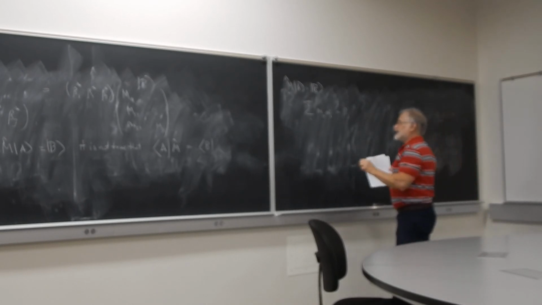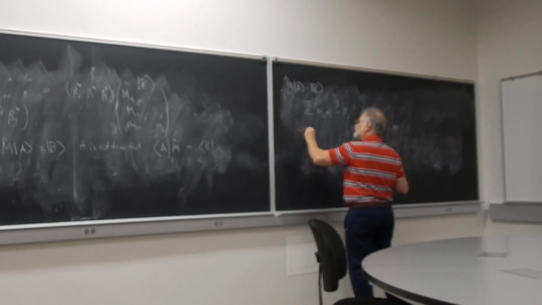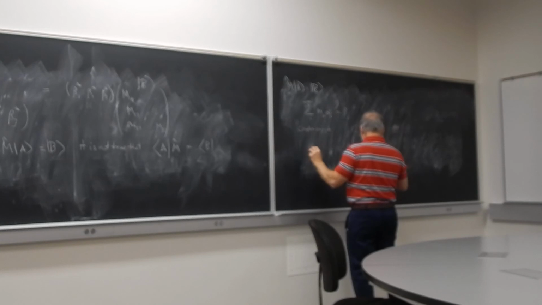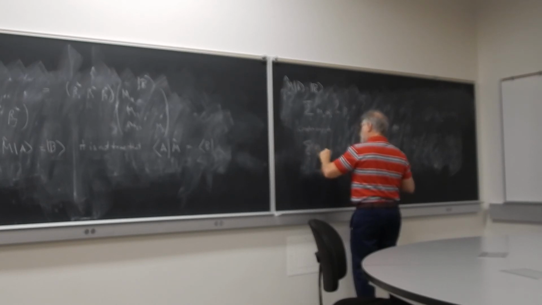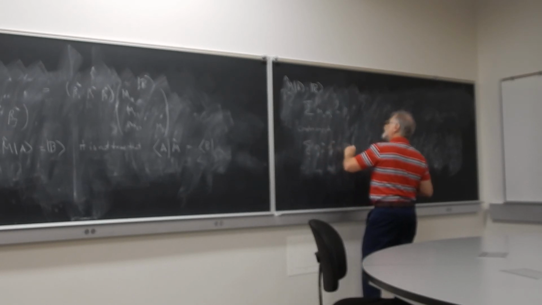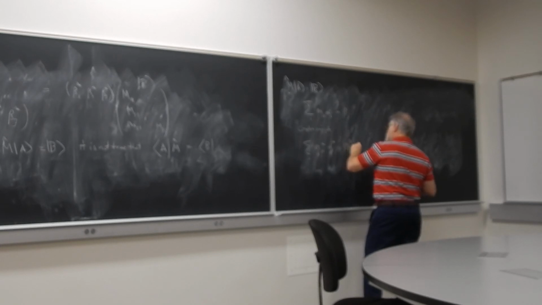The complex conjugate of this would be the sum over i of M_ji star alpha_i star equals beta_j star.